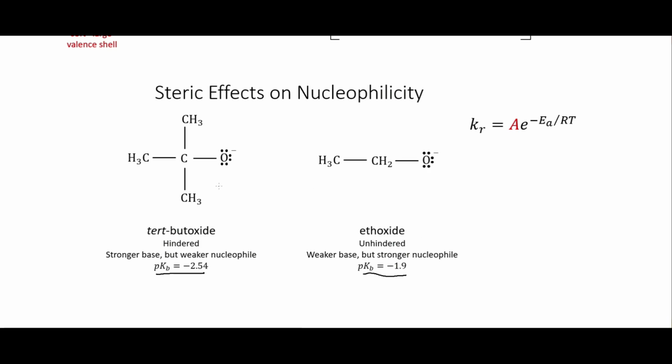That's because with the tert-butoxide, we have these large substituents on here that are going to hinder it, that are going to block the oxygen from actually getting to the proper spot on our substrate. Whereas with the ethoxide, we have only this one large group on here, and so this is going to be less blocked from getting to our substrate.